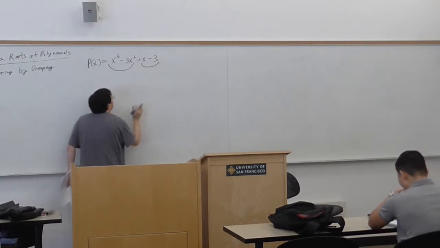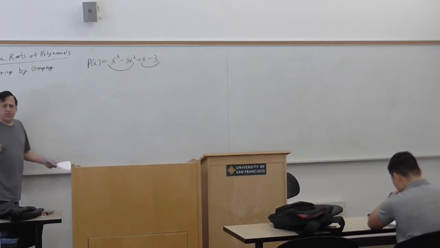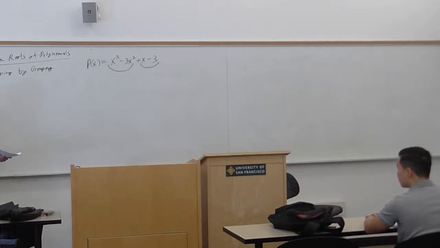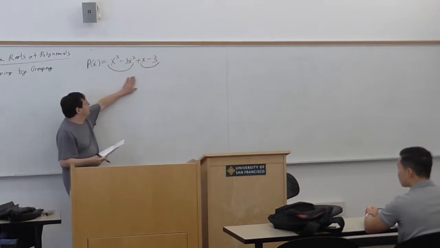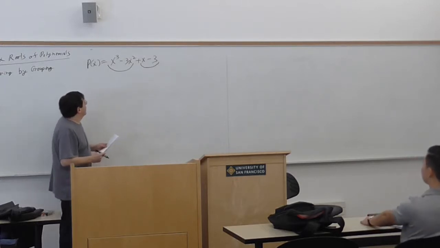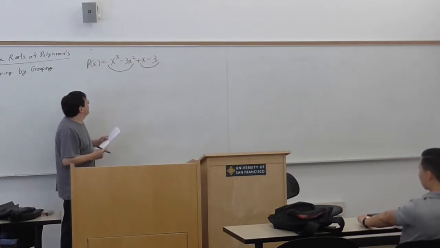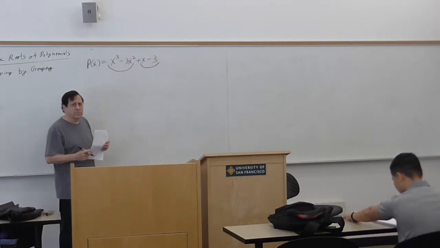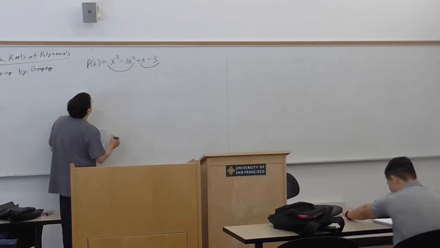If you had 6 terms, you might group it 3 and 3, or you might group it 2, 2, and 2. But this is kind of the simplest type of example. Then you factor as best you can.